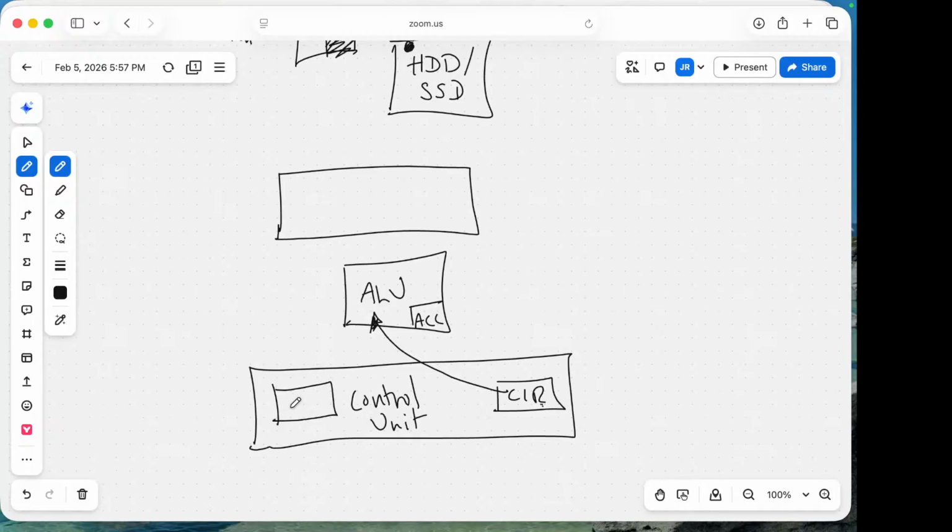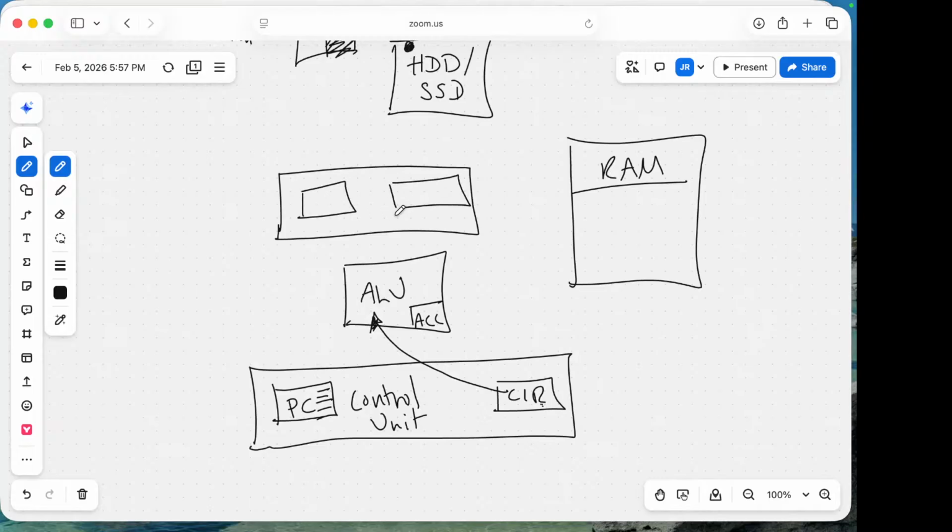We've also got our program counter, and this is our to-do list of things to fetch. And we have our memory unit here, and the memory unit is usually on the CPU rather than external to it.